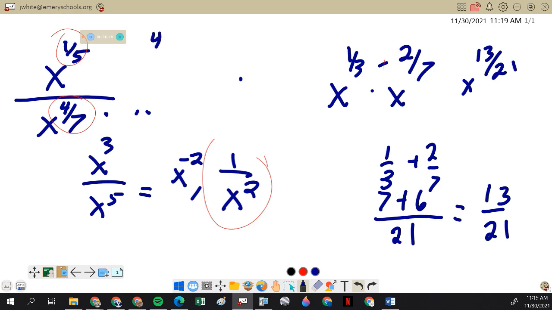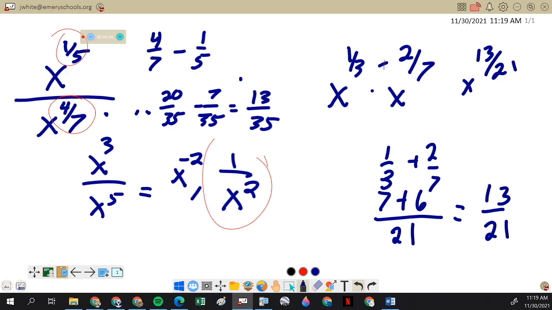So we're going to do 4/7 minus 1/5. That's going to be 20 over 35 minus 7 over 35, which is 13 over 35. So 1 over x raised to the 13 over 35. And Alex is going to want you to put positive exponents in for your answer. So you'll have to leave it like that.